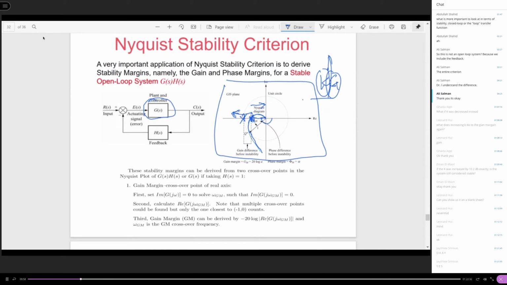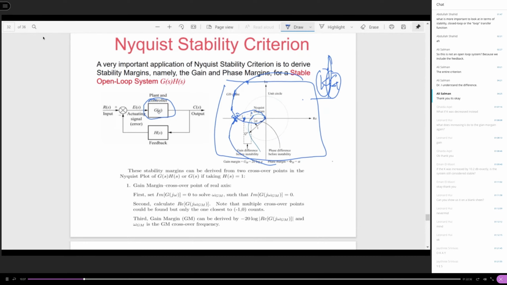If you continue to increase k, then this crossing point is going to be pushed beyond the -1 point. If you finish the whole plot, you're going to see something like this. Encirclement around the -1, 0 point will happen.